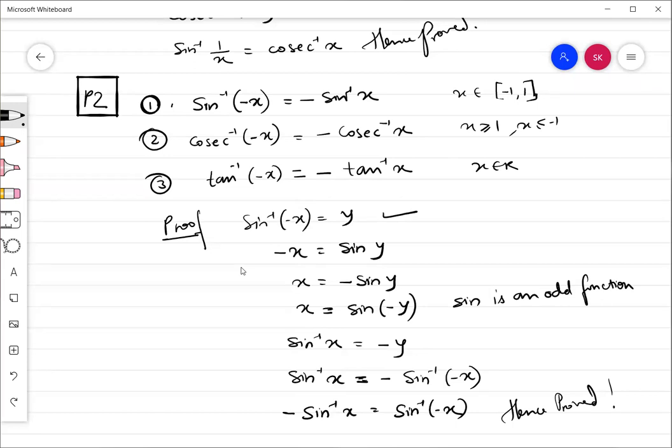Have you got it? Look at the proof. I hope you are writing it side by side when I'm solving it here. Don't tell me you are taking screenshots and all. Okay, all good. Ankit, any doubt?